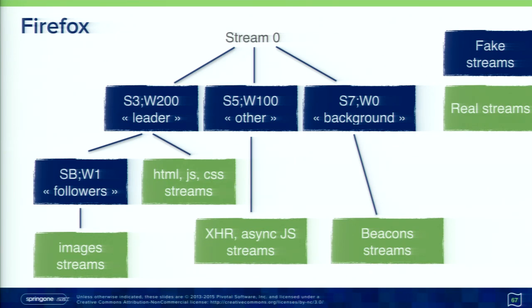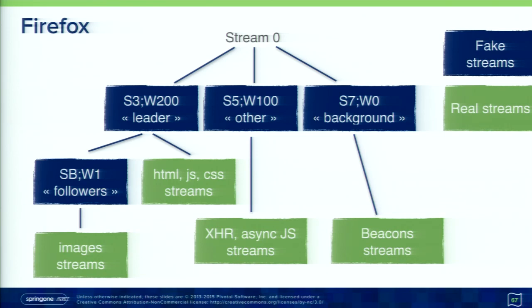Firefox, for example, has fake streams, some kind of grouping feature, fake streams that are never really sent or requested. So they have leader, other, background, and followers. Leader has HTML, all the HTML resources, JS, CSS. So those are all those resources.